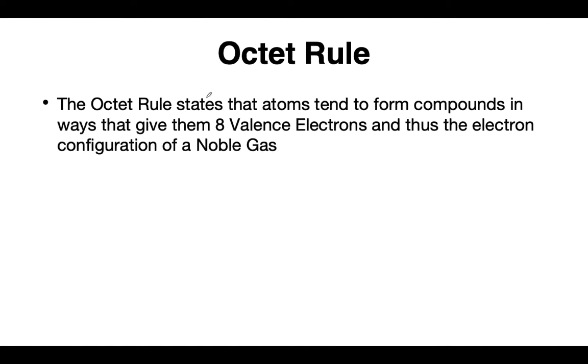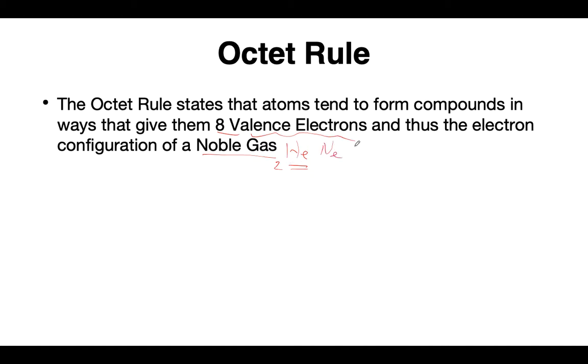That's the octet rule. It states that atoms tend to form compounds in ways that give them 8 valence electrons, and so the electron configuration of the noble gas. If you check the periodic table, for all the noble gases, their valence shell electrons are 8, so they are so stable. For helium, this is the exception because the valence electrons are only 2, since the quantum number equals 1.